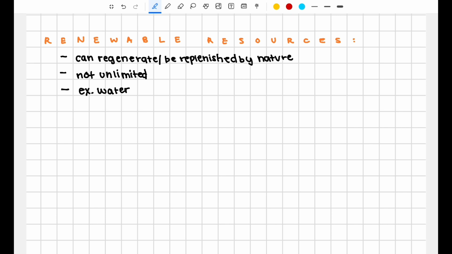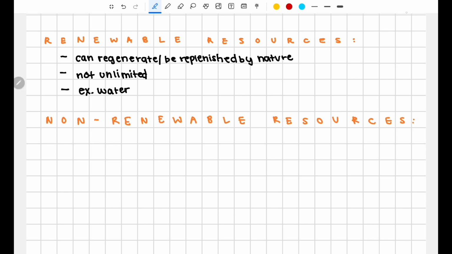We can't use it all and then it's not just going to be there. There's still things like droughts and other ways that we can mismanage our water use. But it's still a renewable resource because there's a water cycle. It's replenished by nature.